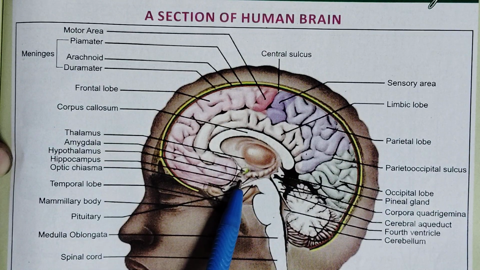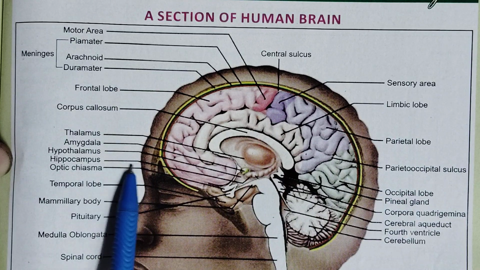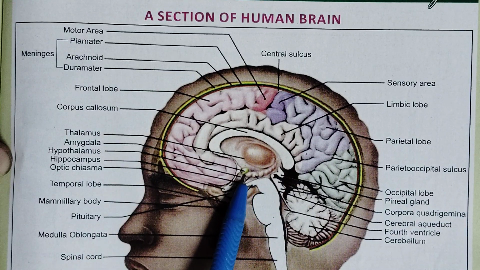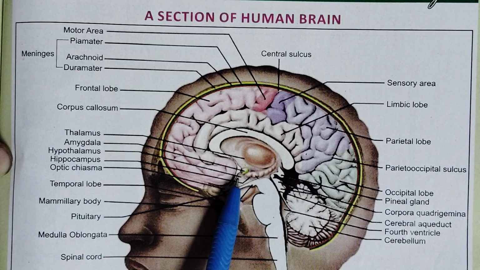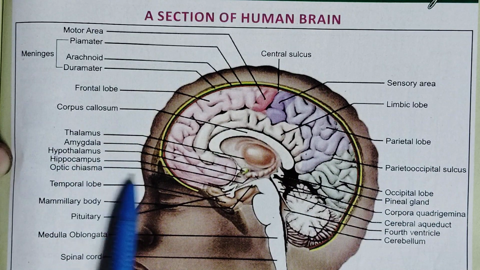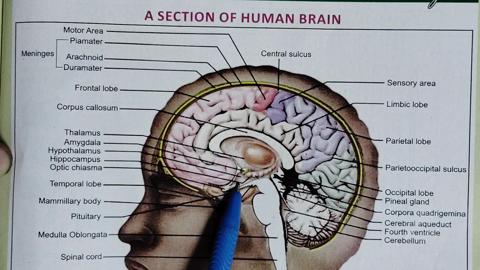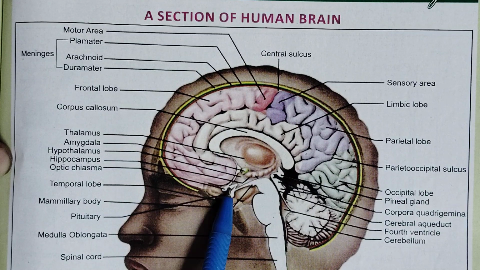Next is the hippocampus. On the right side of this seed, there is the hippocampus. Next is the optic chiasma. Below the hypothalamus, there is the optic chiasma, just behind the eyes.